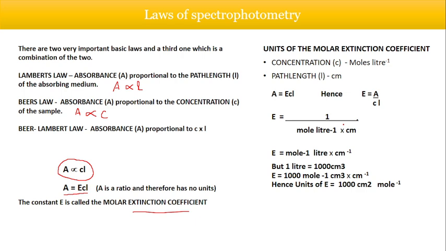Now, to calculate the unit of the molar extinction coefficient, we are aware that the concentration is in moles per liter and the path length can be in centimeters. Usually the path length is given as a default of 1 centimeter, but there can be other numbers also. So depending on the numbers, you can calculate this equation.